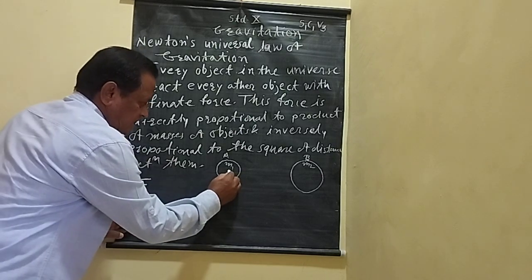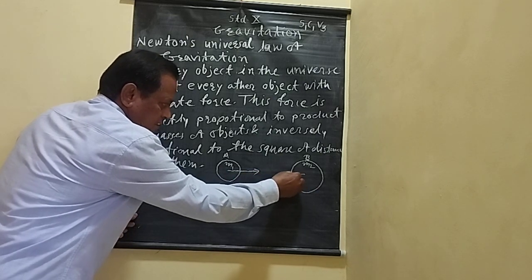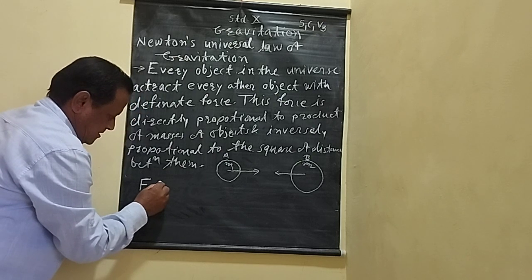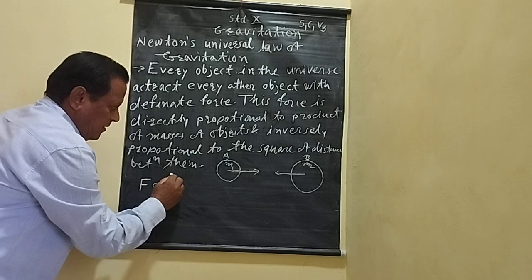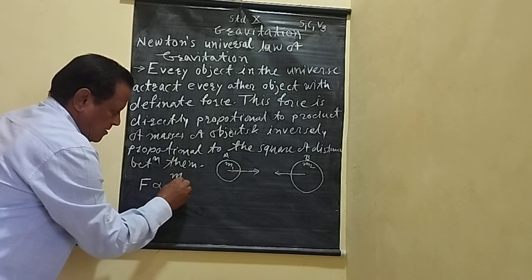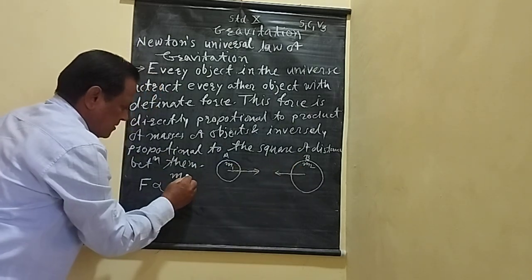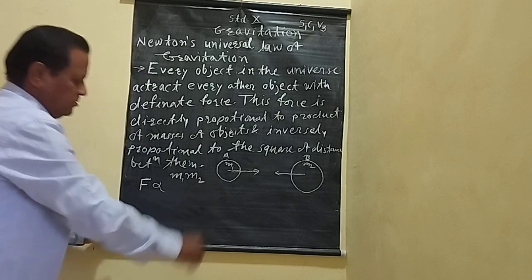This force of attraction is directly proportional, meaning the sign of proportion, to the product of their masses. The mass of body A is m1 and the other body is m2. Their product is m1 m2.